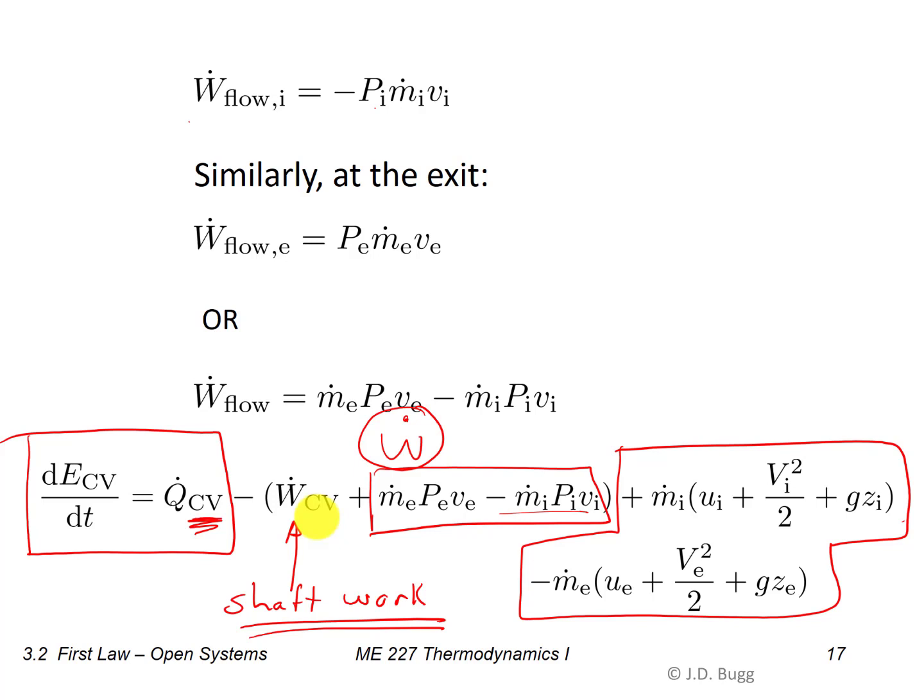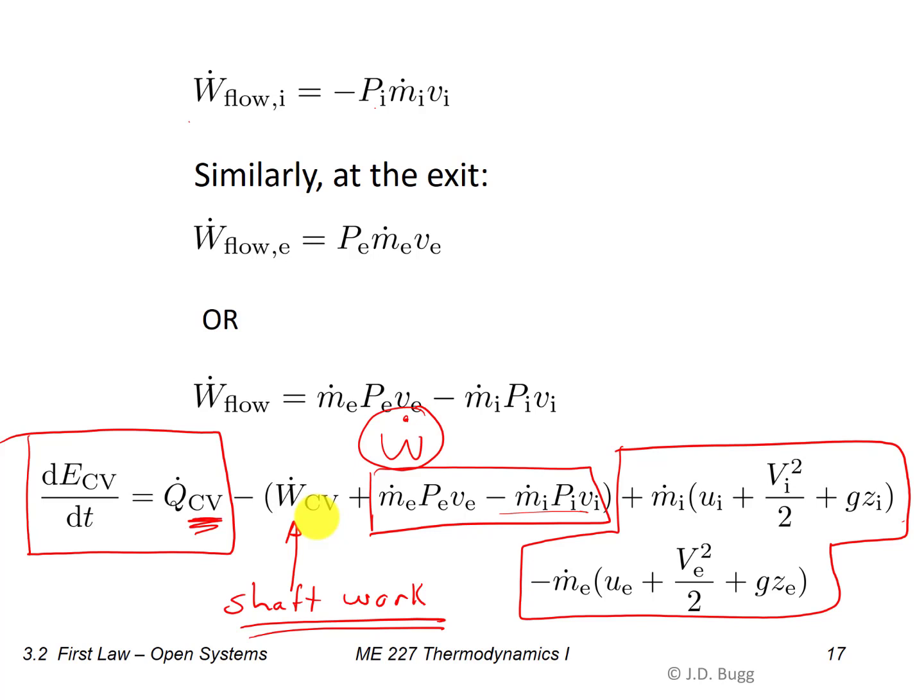Now, typically that's a rotating shaft, so there's a torque applied through an angular displacement, and so that gives rise to work, the same way as a linear force acting through a displacement gives rise to work. In the rotational sense, a torque acting through an angular displacement is also a mechanical means to have work transfer between the system and the surroundings.